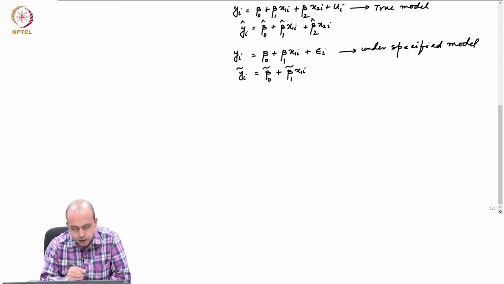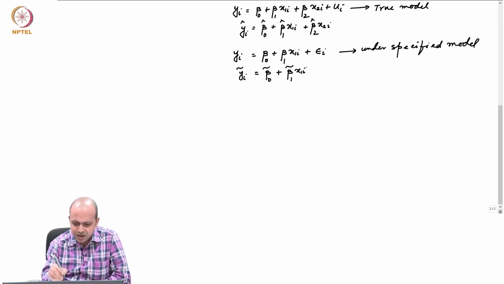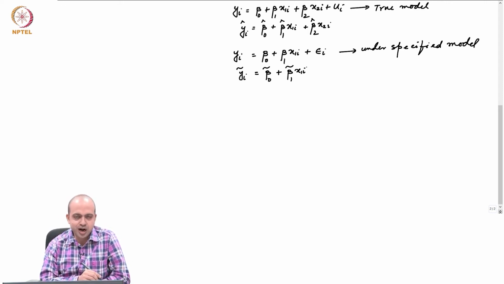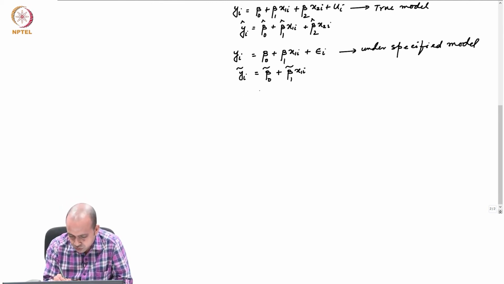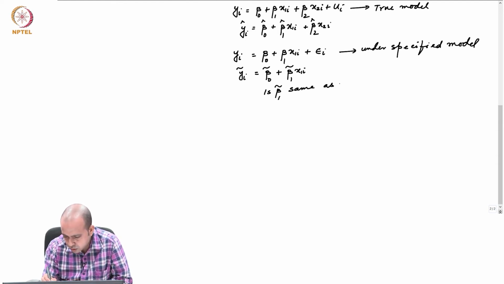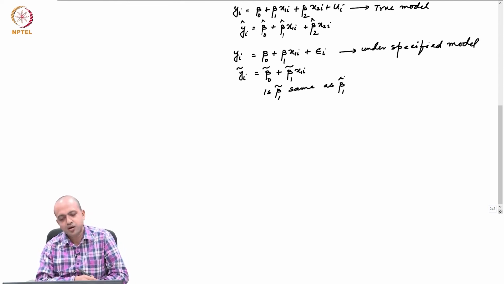x1i. Then the question is, what is the relationship between beta 1 hat and beta 1 tilde? Are they the same or different? So, the question here is whether beta 1 tilde is the same as beta 1 hat.